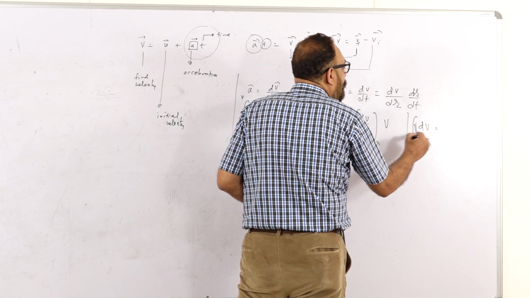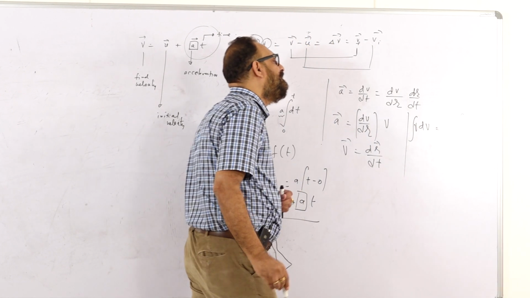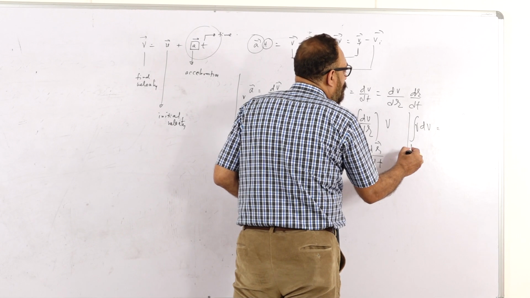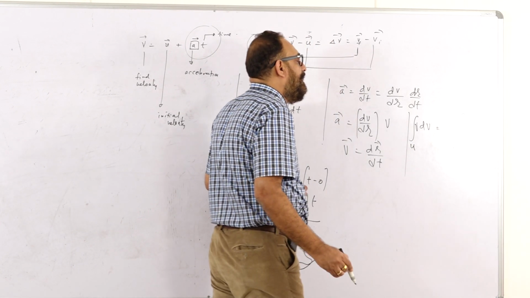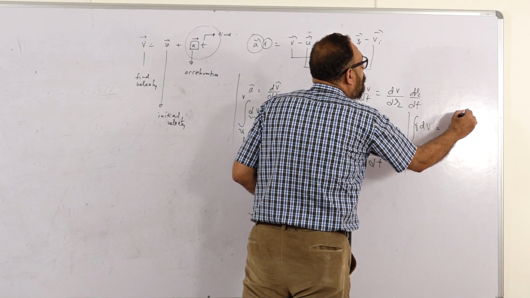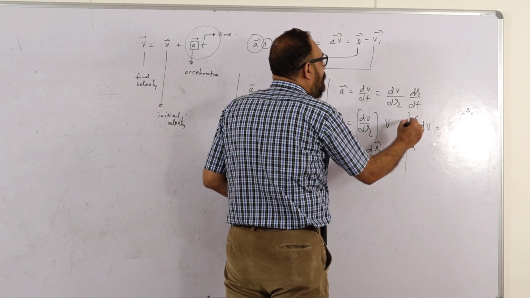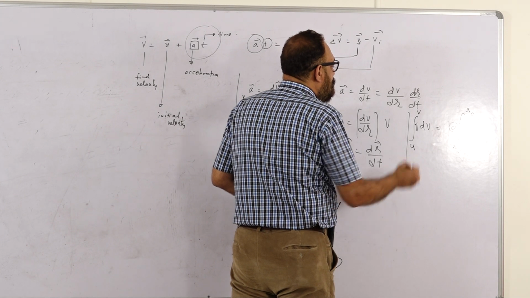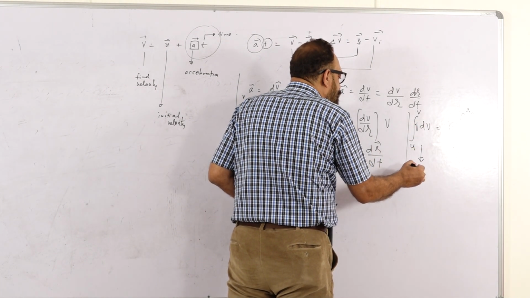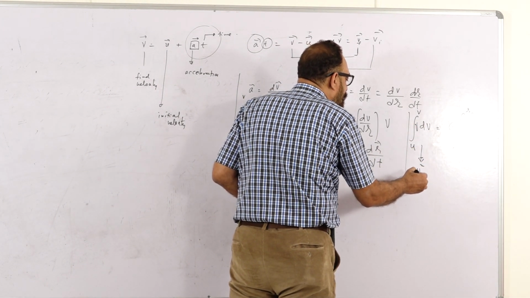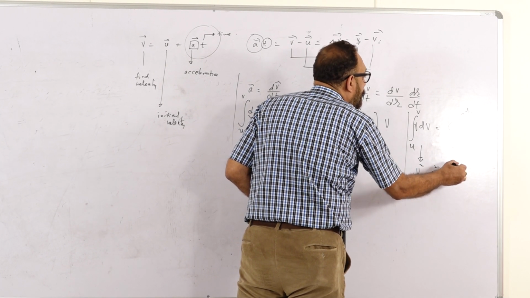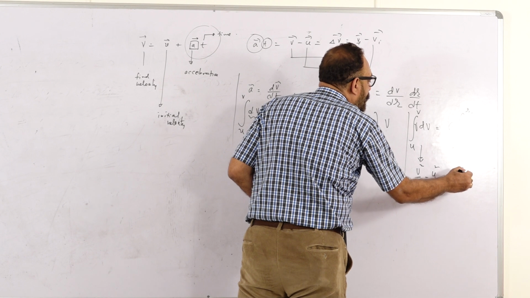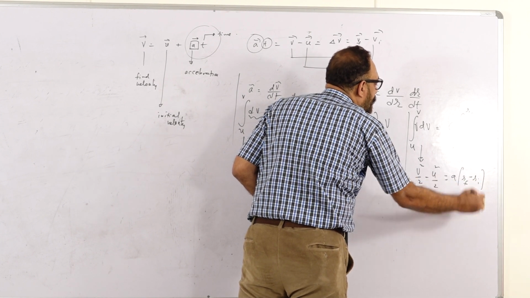And when I want to integrate, I push it outside the integral, and this is what is u when the position vector was at ri. When the position vector is at rf, then the value is called v. So this value turns to be v square by 2 minus u square by 2 equals a into rf minus ri.